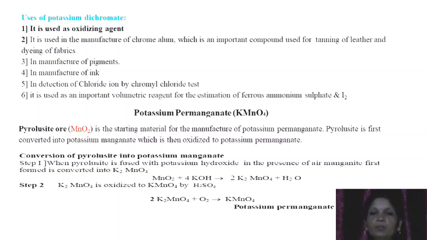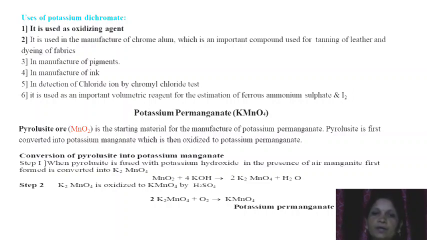Now the second compound we are discussing here, the chemistry of potassium permanganate, KMnO4. The ore used here for manufacture of potassium permanganate is pyrolusite ore, which has the formula MnO2. MnO2 is a starting material for the manufacture of potassium permanganate.